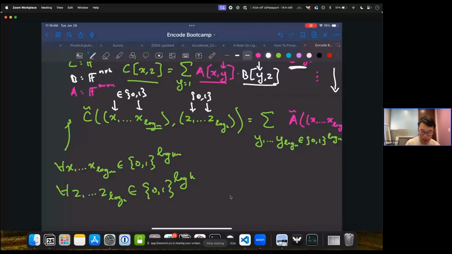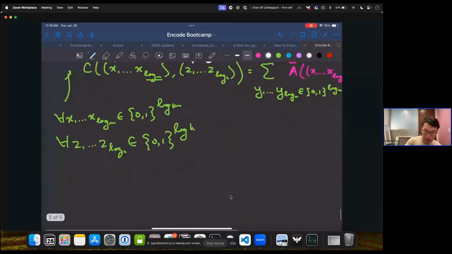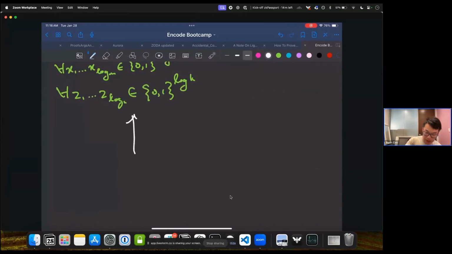And so in particular, this for all check is roughly equivalent, sans basically 1 over f, I think. Maybe it's like 2 over f.